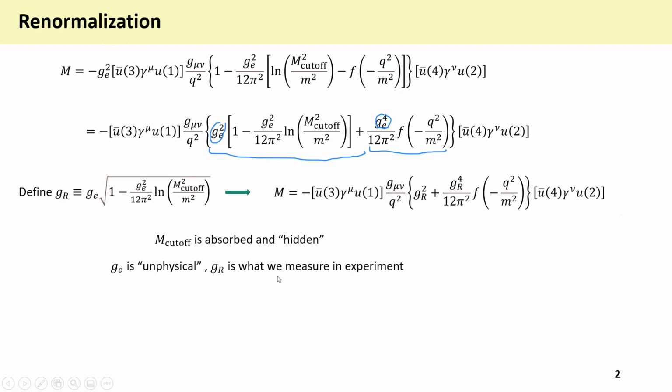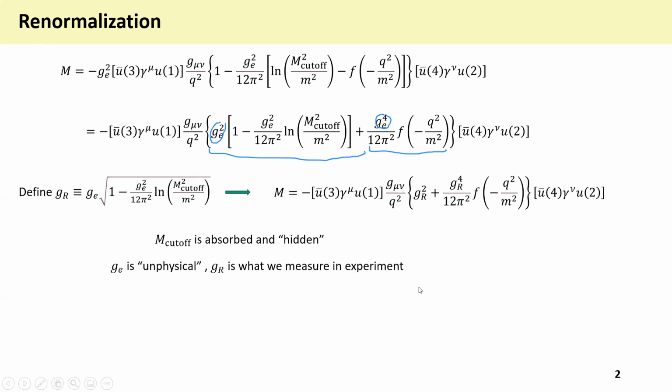The key point is that we argue it's g_R that we measure in experiment instead of g_e. So g_e is something unphysical, and it's not what we measure; it's g_R that we measure in experiment. So we can argue that g_e may have some cancellation with this cutoff M, and this will make g_R finite.